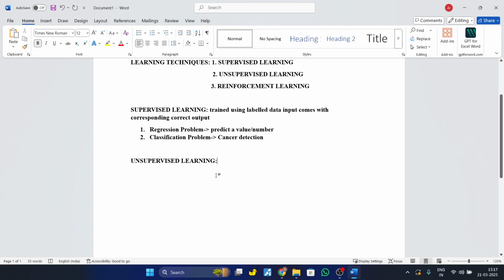So basically, in unsupervised learning, you do not have any labeled data, right? In supervised learning, you had labeled data, but in unsupervised learning you do not have any label, or anything that will help you to predict.